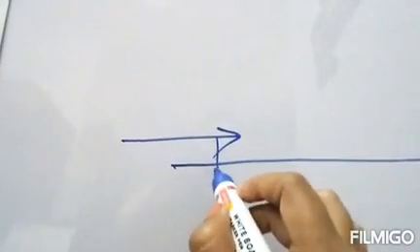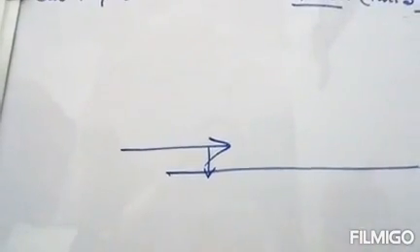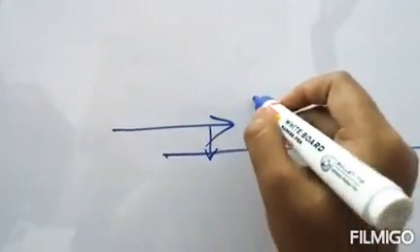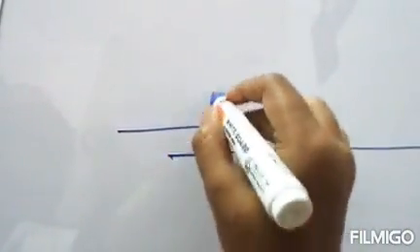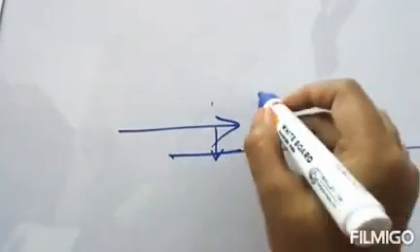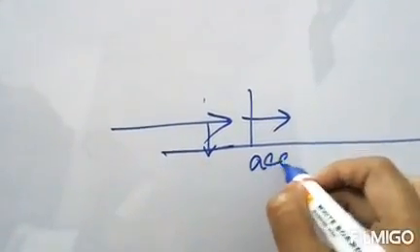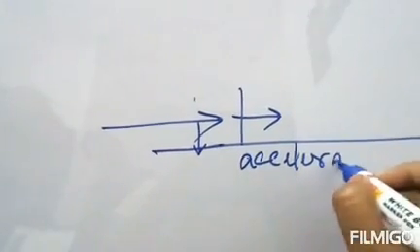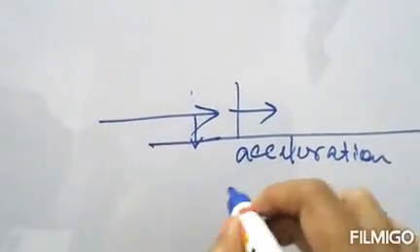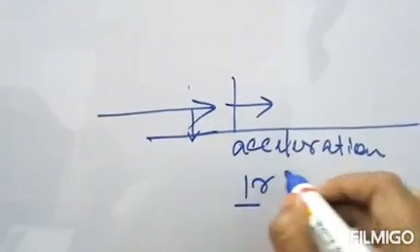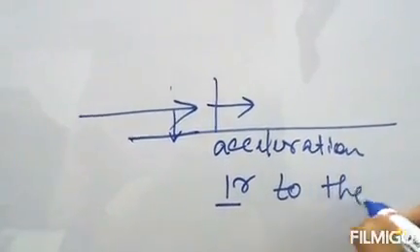When a body is moving on a horizontal road, and acceleration due to gravity, we can say that acceleration is perpendicular to the direction of motion.